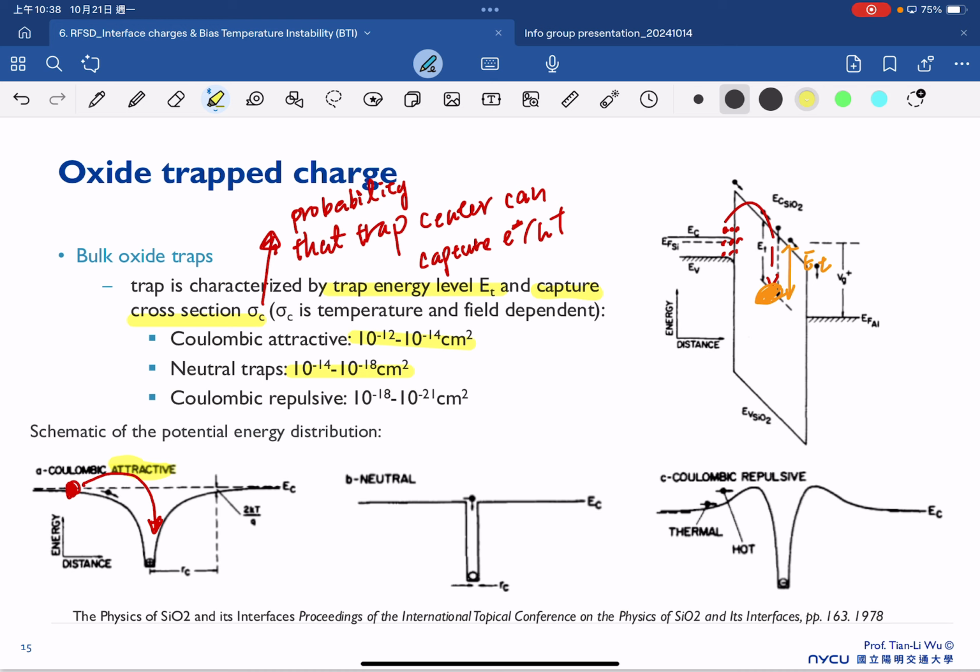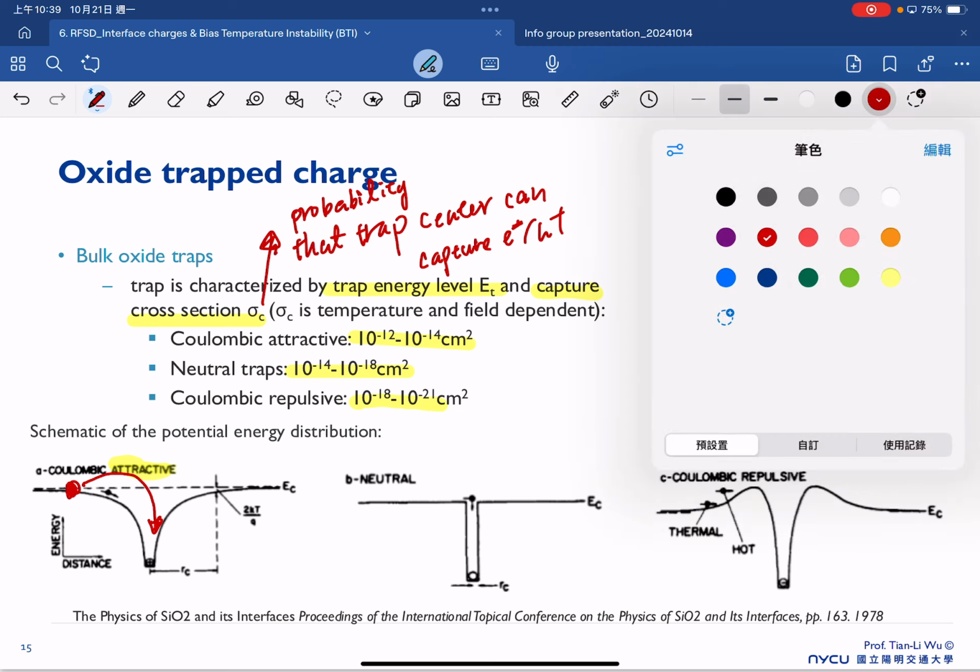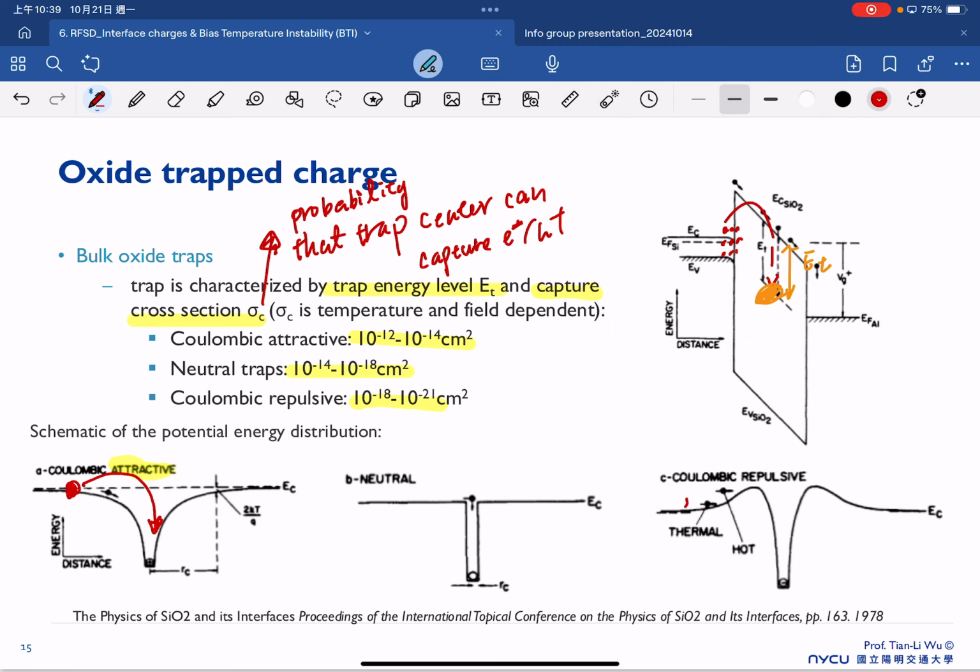On the other hand, if we have a very small value, that means this is a repulsive trap. The electron here is unlikely to be trapped, because this trap center exhibits a repulsive characteristic.